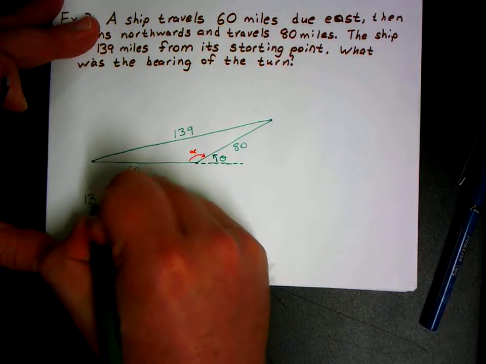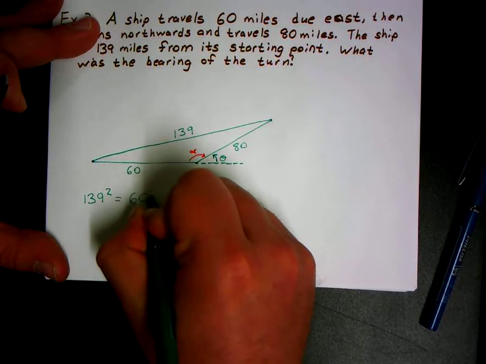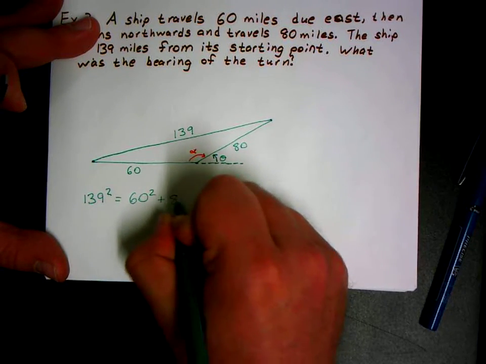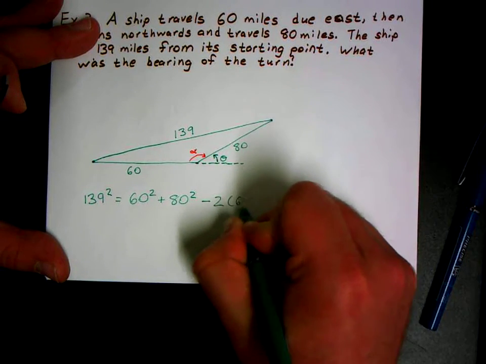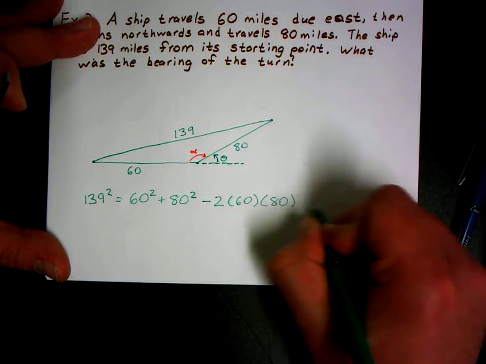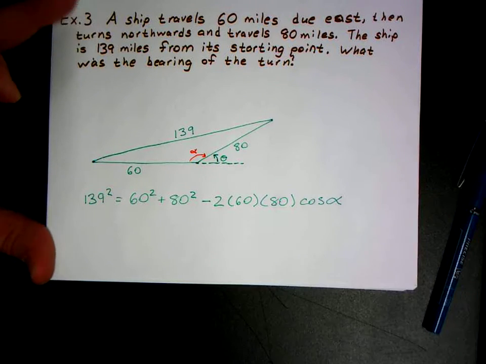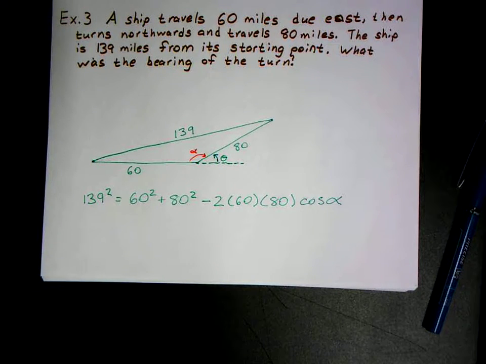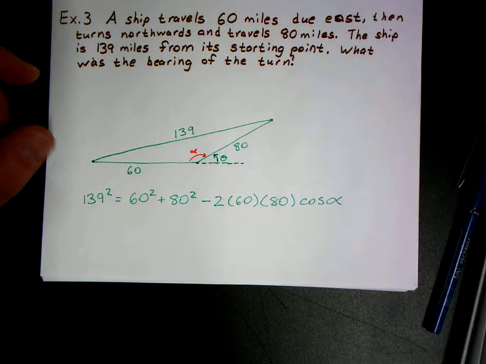So I do 139 squared equals, these two, doesn't matter what order I put them in, so I set that up. Let's see, 139 squared minus 60 squared minus 80 squared.